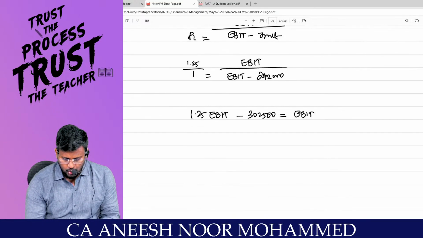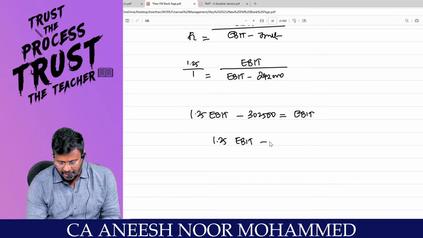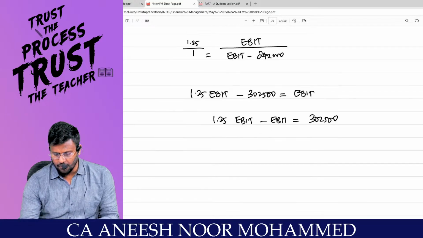So 1.25 EBIT minus EBIT is equal to 3,02,500.